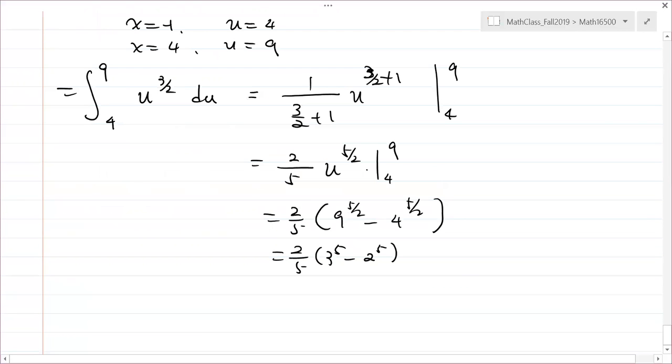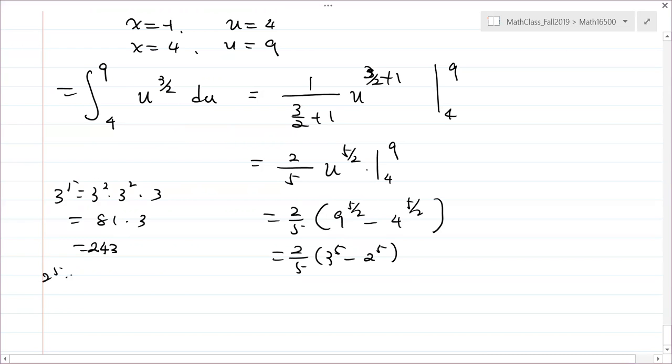Okay, it's a pretty large number. 3 to the 5th is 3 squared times 3 squared times 3, 81 times 3, right? 243. That's what I do, right?